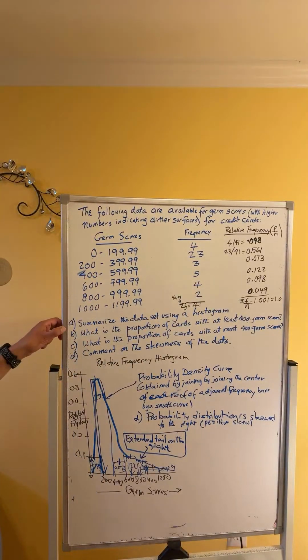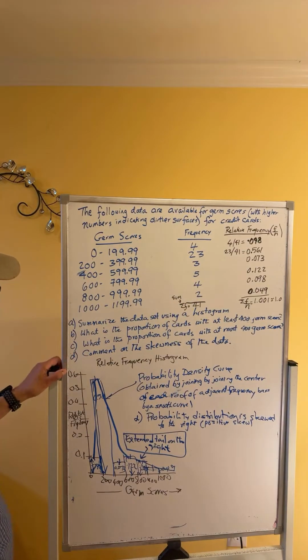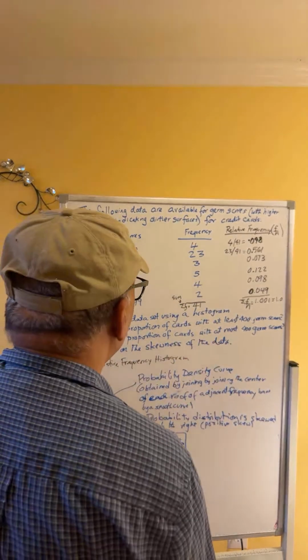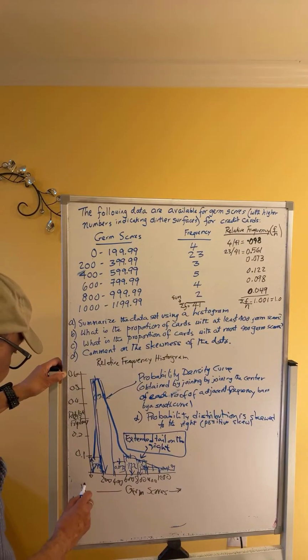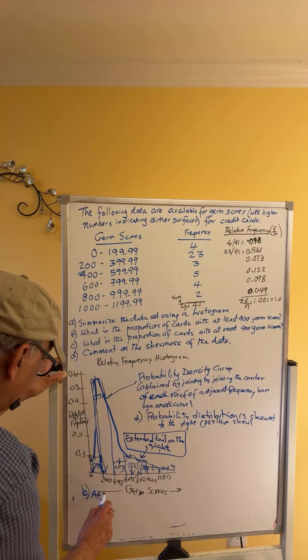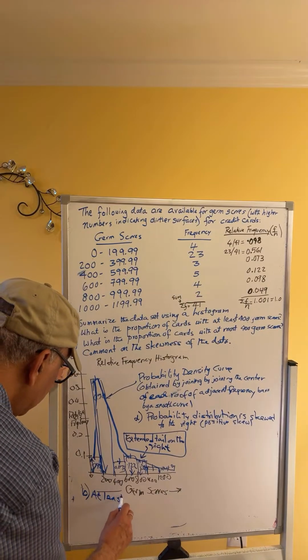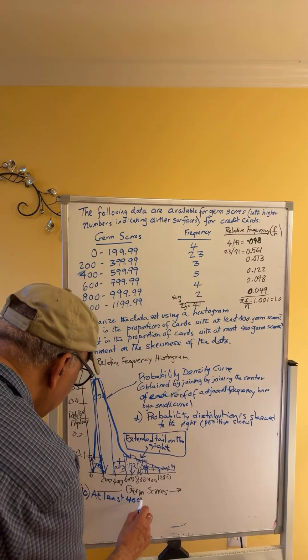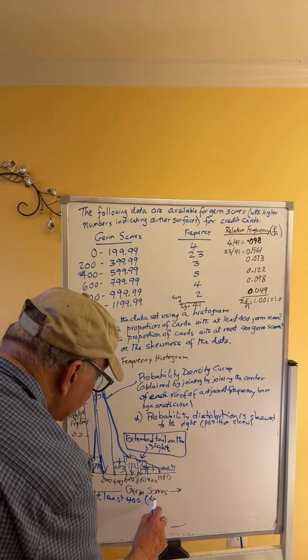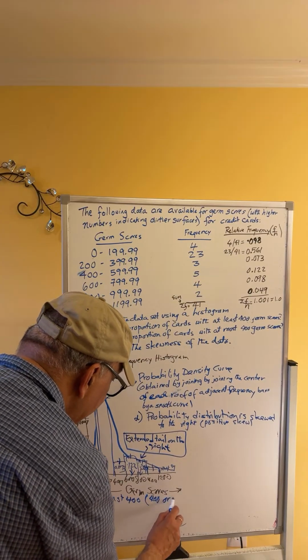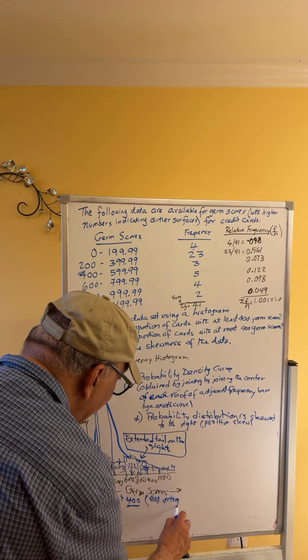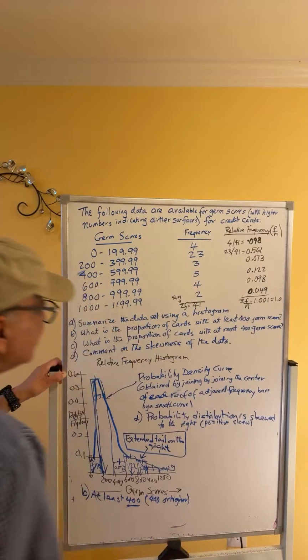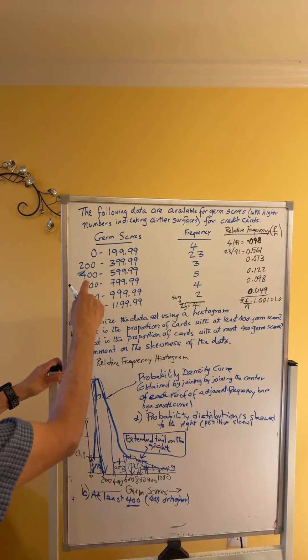Okay, so we have answered A and D. Now it says, what is the proportion of cards with at least, part B, at least 400. At least 400 means 400 or higher, because the lowest is 400. So you got to add the relative frequencies of the last 4 classes.